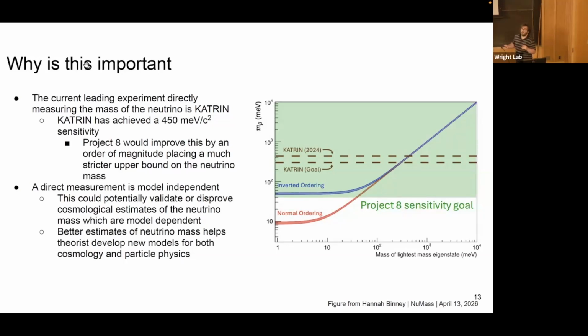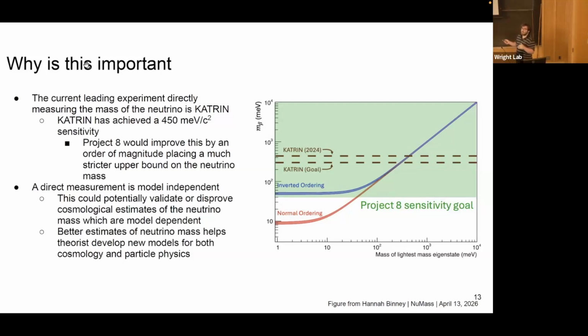So it's not like you hear the lightest mass eigenstate. The neutrino is never going to have just the lightest mass eigenstate. It'll be a combination of the three. So this is the effective neutrino mass that we're measuring through our experiment, and then this is what ends up being the lightest mass eigenstate based off of that, because we know the masses relative to each other.